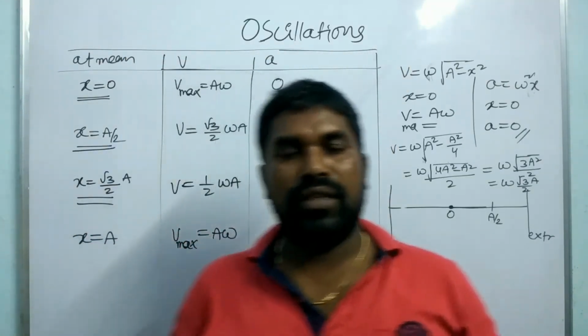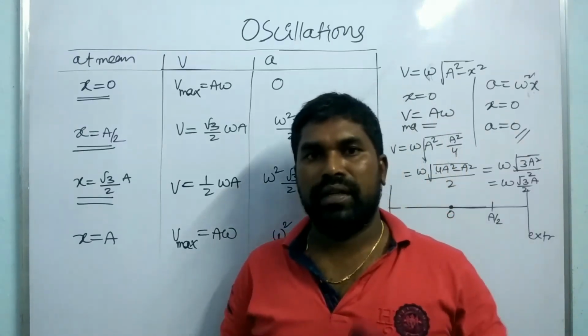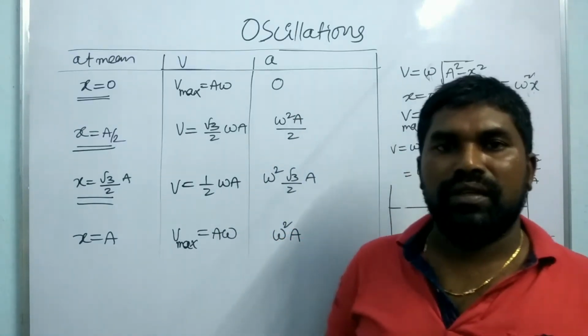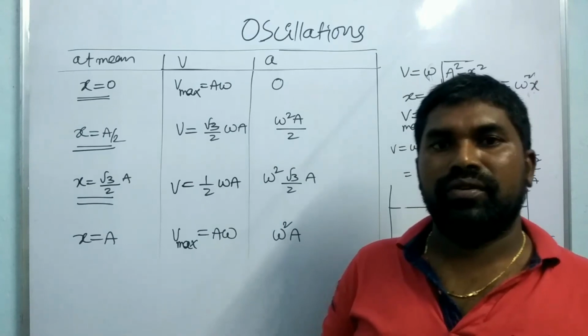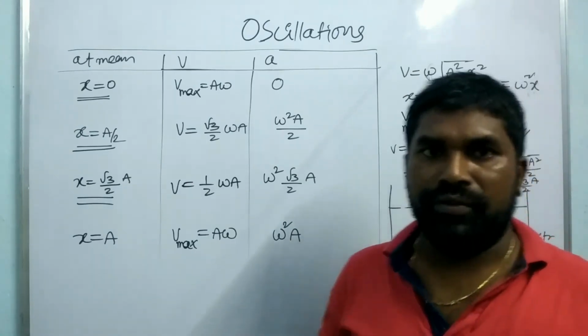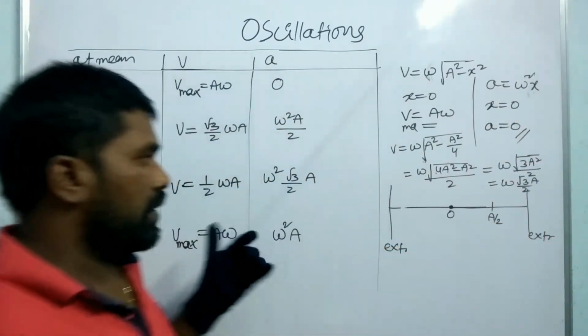So these are the different points you have to cover in simple harmonic motion. This is a very useful video, we have to focus on it. And now let us see some examples.